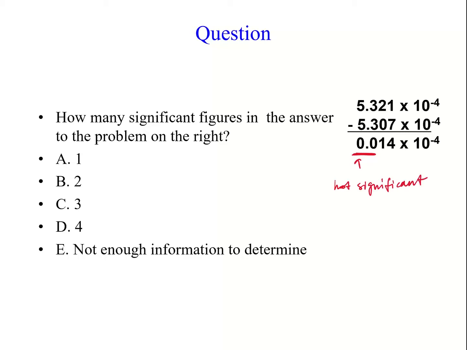If I put this number into scientific notation, it becomes 1.4 times 10 to the negative 6, and the zeros disappear, because I moved my decimal place 2 times to the right. So this answer has only 2 significant figures.